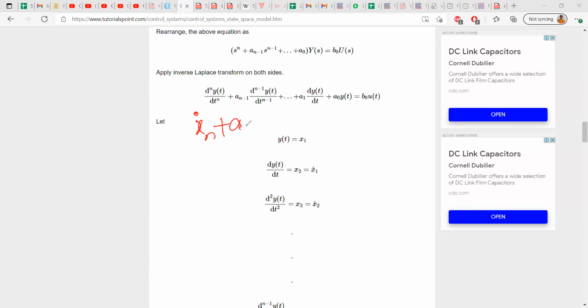What is the next term? xn minus 1 dot. What is xn minus 1 dot? It is nothing but xn.